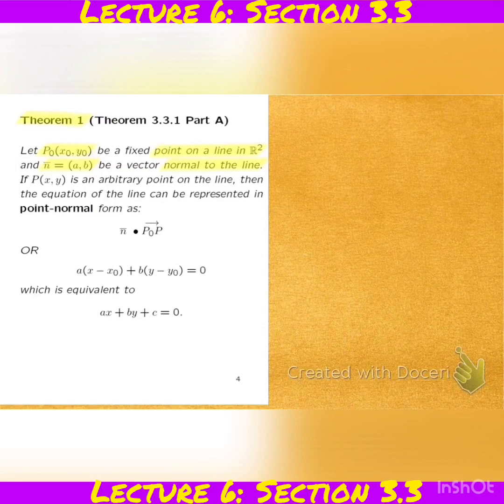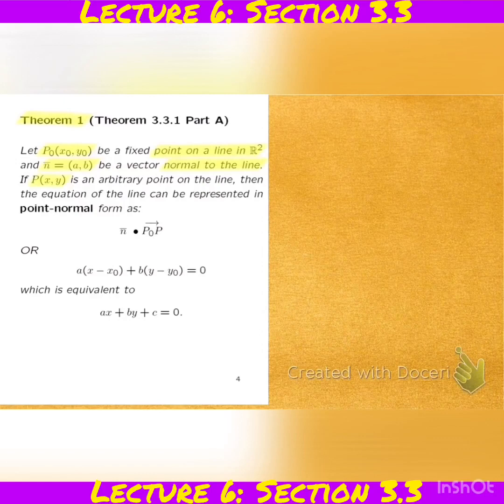Now, to find the equation of a straight line, you want to find all points that lie on the straight line. So you pick an arbitrary point P, (x, y), that lies on the straight line, and you want this point P to satisfy the following.